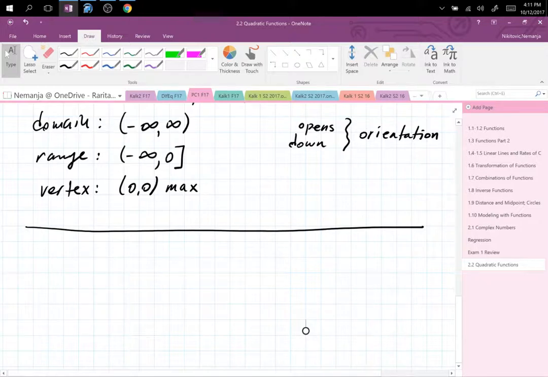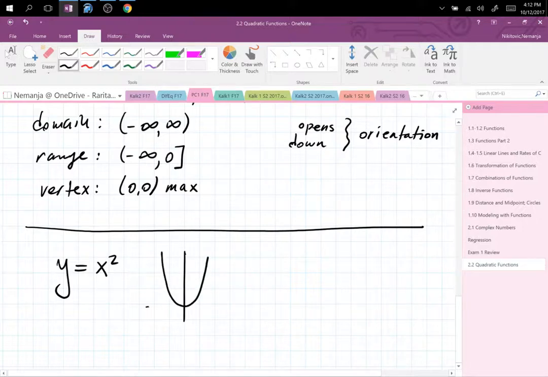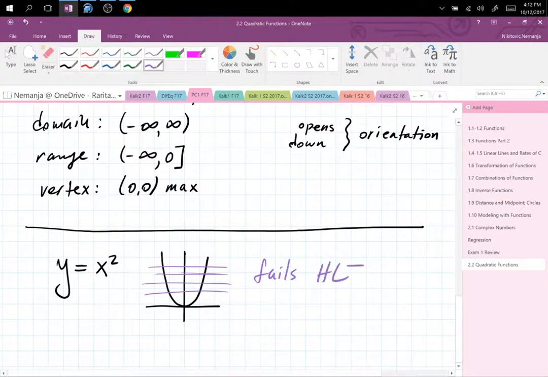So, hello, 1.7, right? If your function is y equals x squared, the graph clearly does not pass the horizontal line test. See that? It fails the horizontal line test. That means no inverse function.